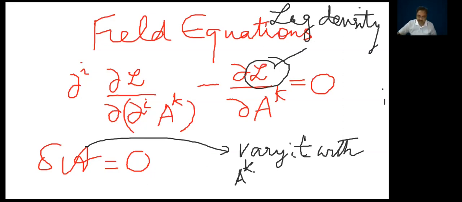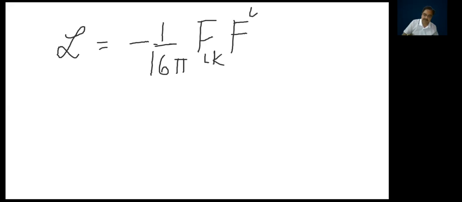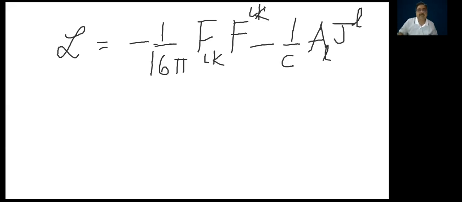Okay. And how much was it? So last time I told you that the Lagrangian density is given as minus 1 over 16 pi, then Fik, minus 1 over c, you can write A, L, J, N. Okay.